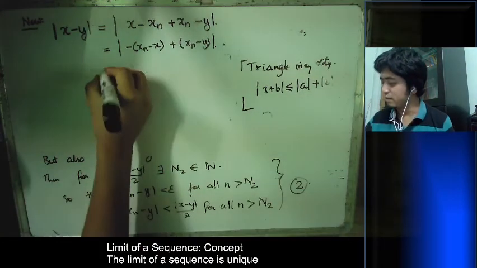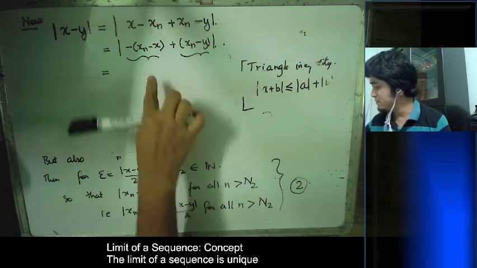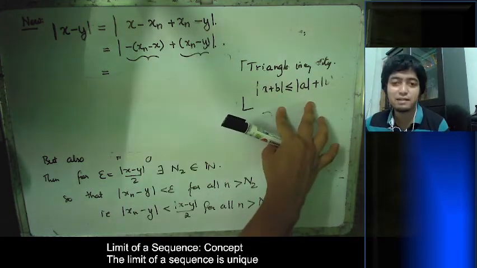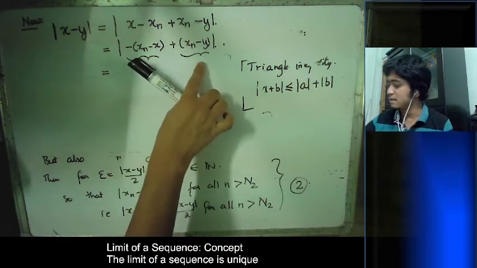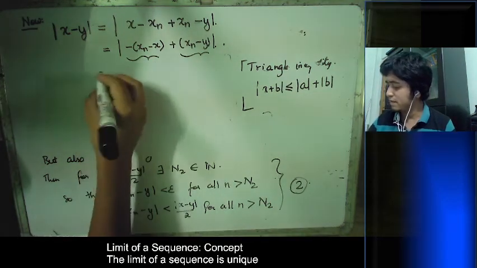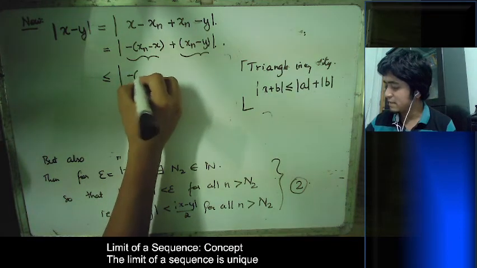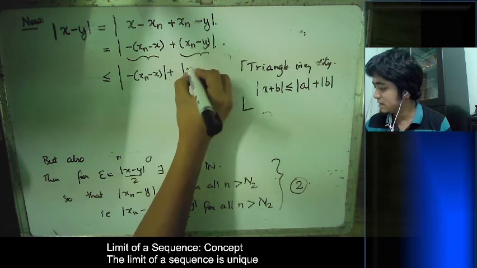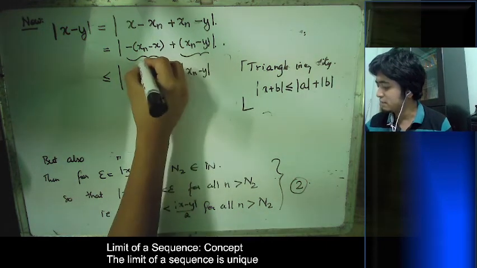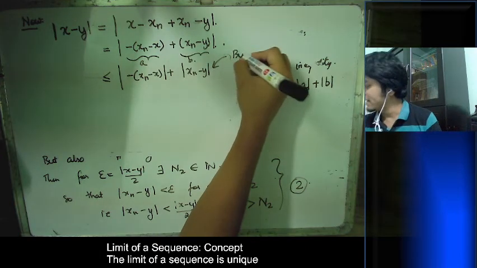Now take this whole thing as a, take this one as b, and use the triangle inequality, so you will get that it is less than or equal to |minus (xn minus x)| plus |xn minus y|.